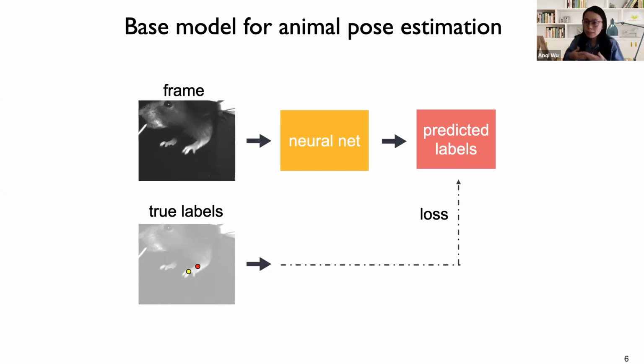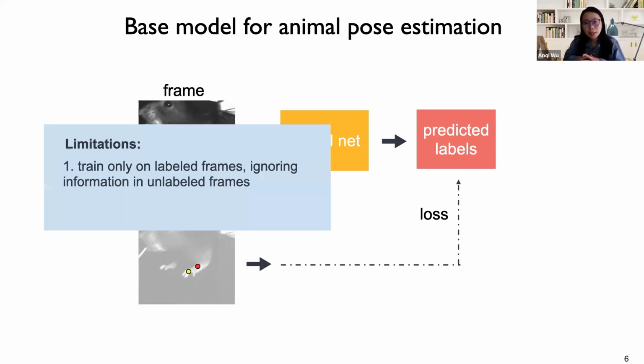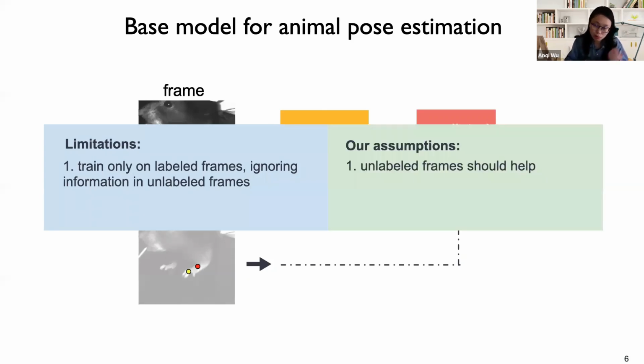However, there are some limitations of such a base model. The first is that it only trains on labeled frames, but much more information about these images could be found in unlabeled frames as well. So we could include unlabeled frames to enhance the training of the network.